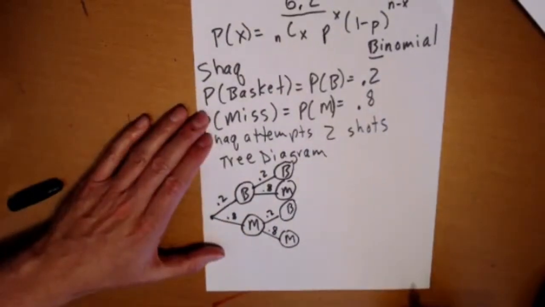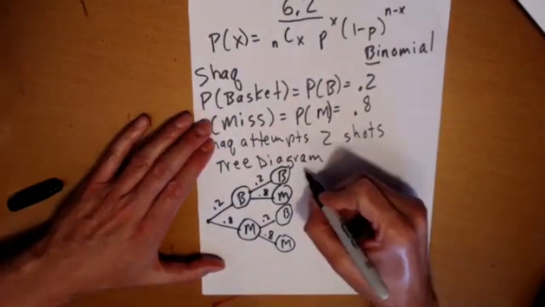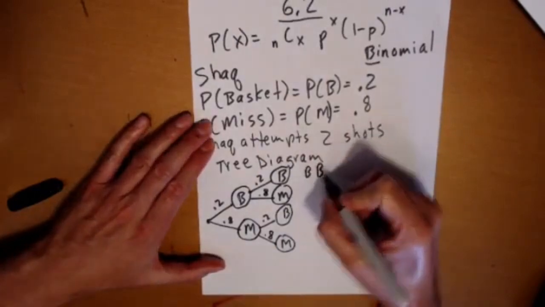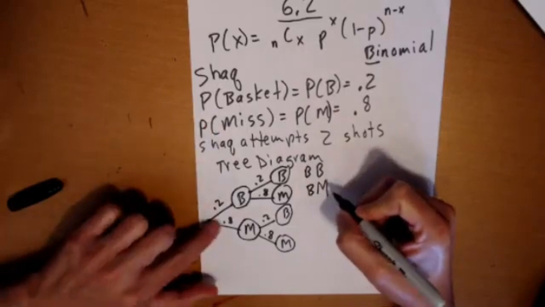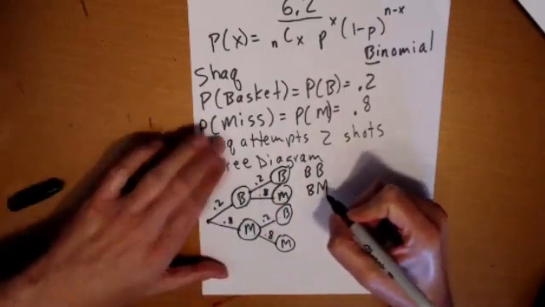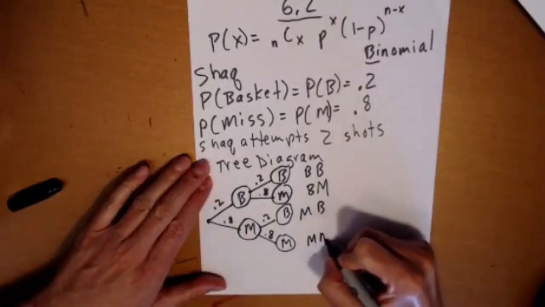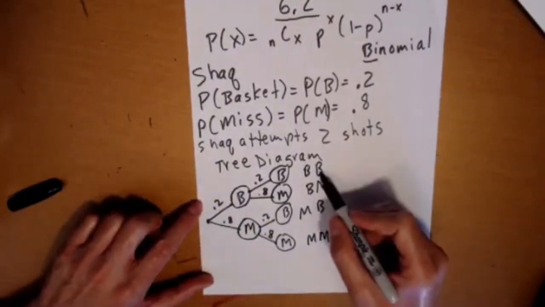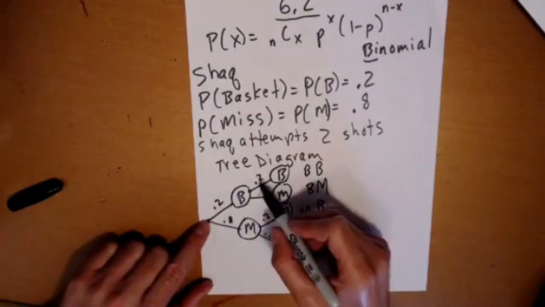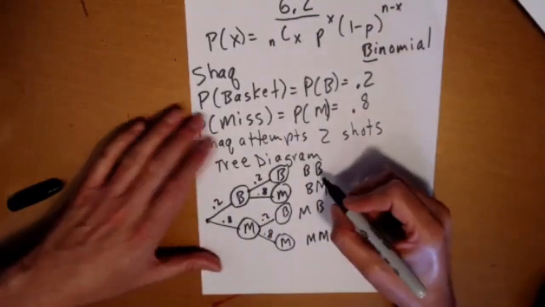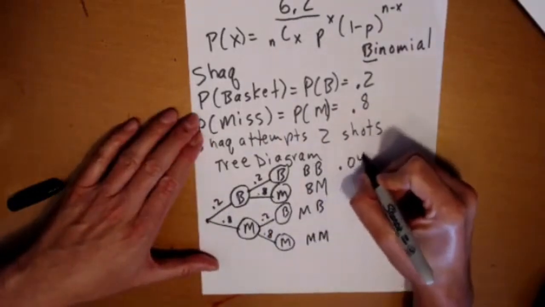So with this tree diagram, what we can see is he could have made a basket and then a basket, a basket and then a miss. See, I'm just going down the paths. A miss and then a basket, or a miss and then a miss. And the probability of a basket and a basket is 0.2 times 0.2. Go ahead and use your calculator. That's 0.04.